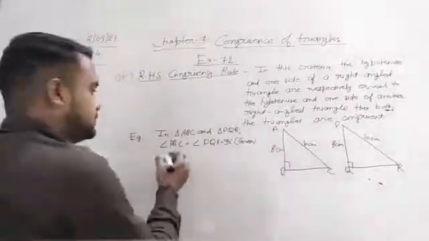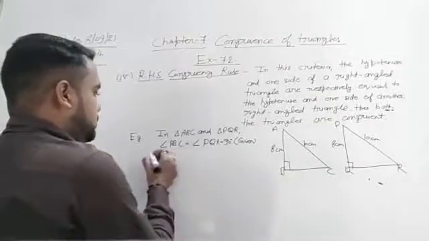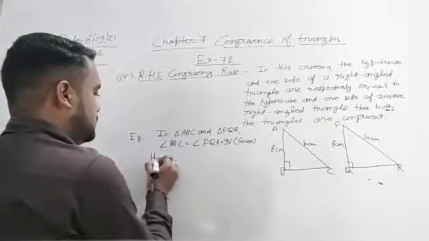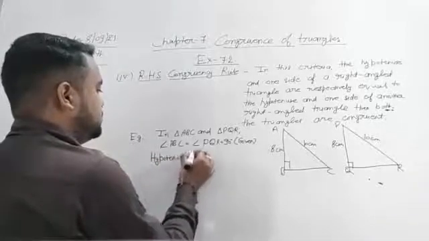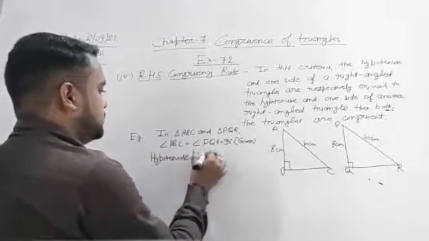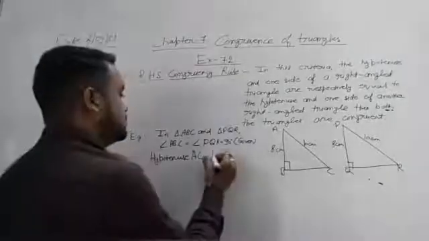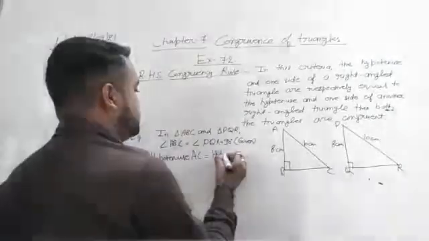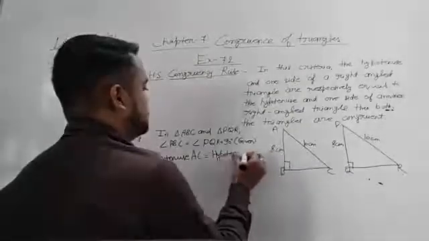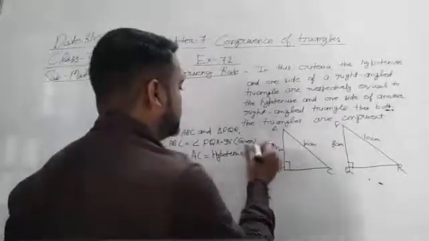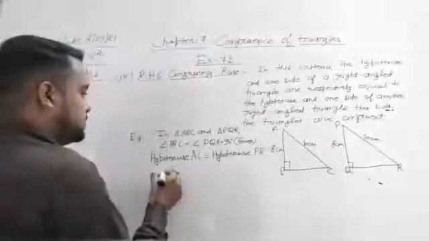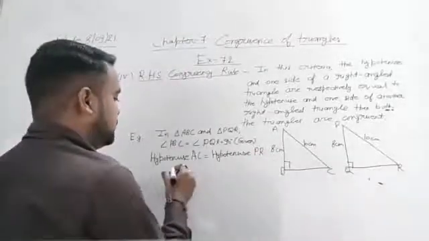The hypotenuse AC of triangle ABC is equal to the hypotenuse PR of triangle PQR, and one side in triangle ABC is AB.